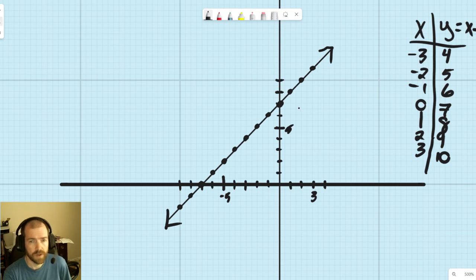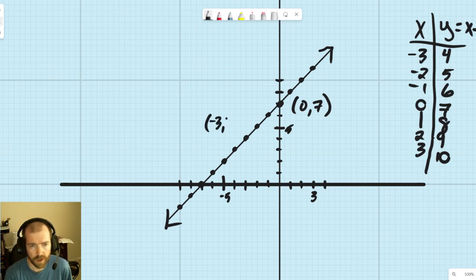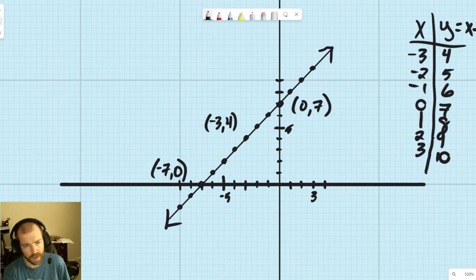All right, so we've got points here. This goes through 0, 7. We go through all these points here, which include -3, 4, and all the other ones on here, and eventually to -7, 0, and -9, -2.